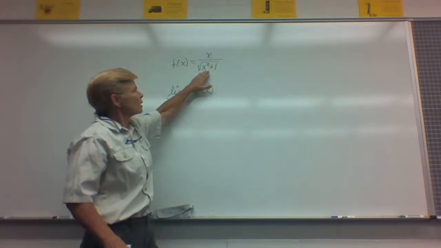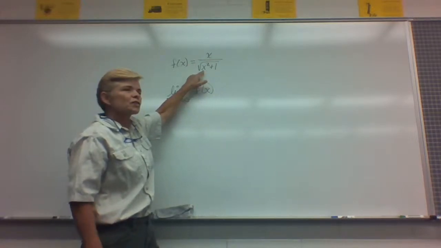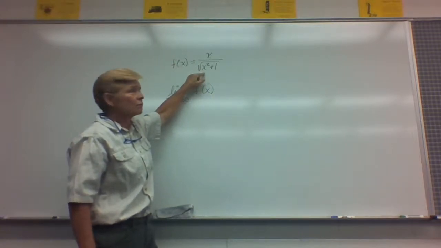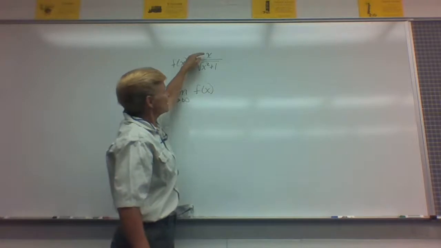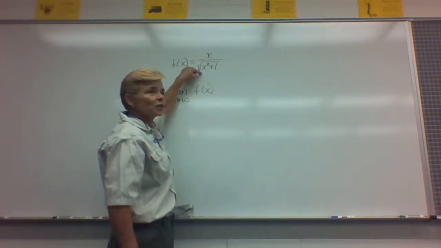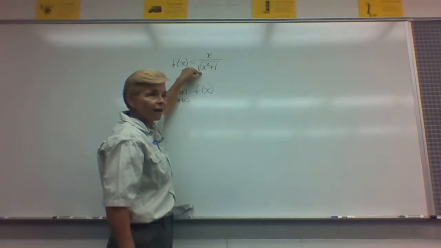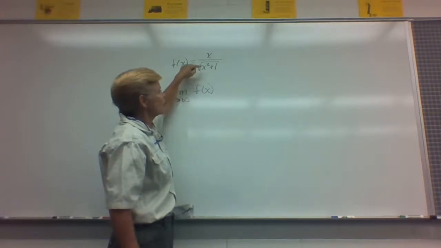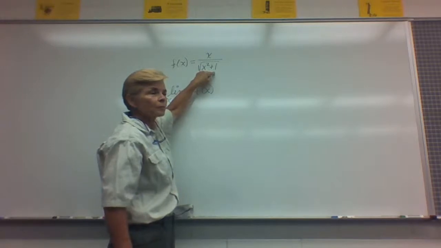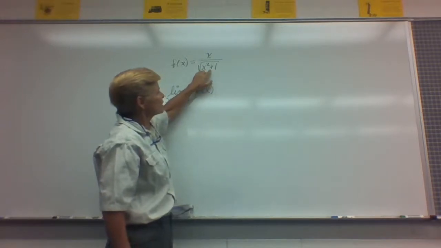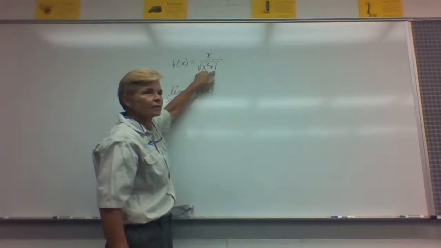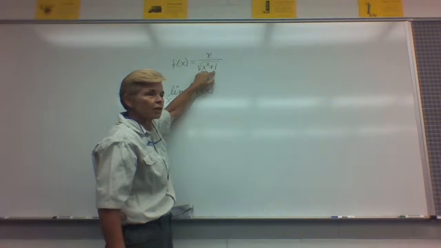What's going on here? Well, if you consider what's happening to this function when x is a million, then what you have is a million over the square root of 1,000,000 squared plus 1. So what I'm saying is, the bigger you get, the less contributing this 1 is. It doesn't contribute much when x is really large.